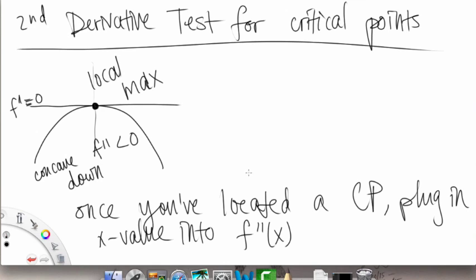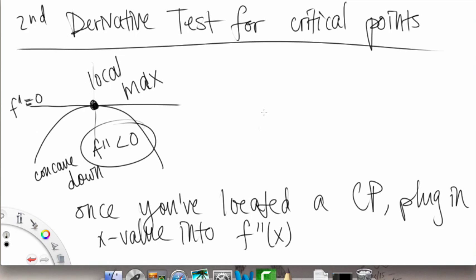If your f double prime of x is negative, like here, we have a concave down part of that graph, at least at that point. So that means the point must be at the top of the hill, at the top of the frown, so we have a local maximum.